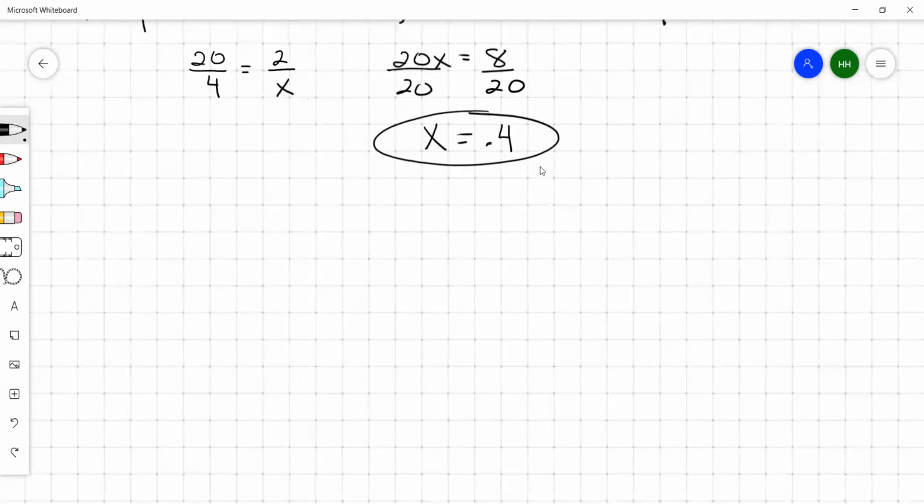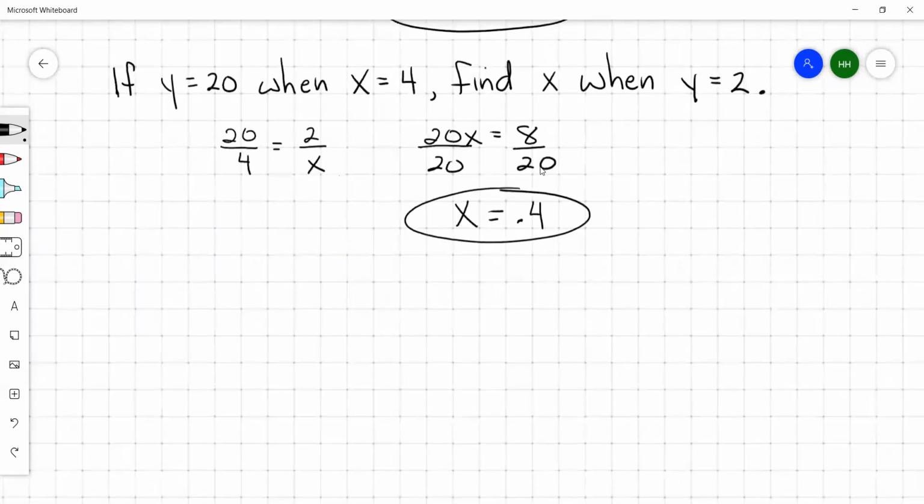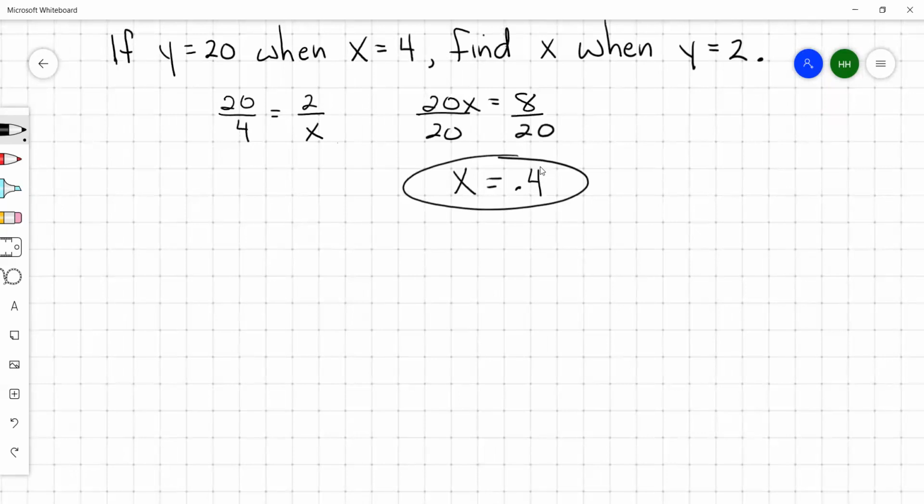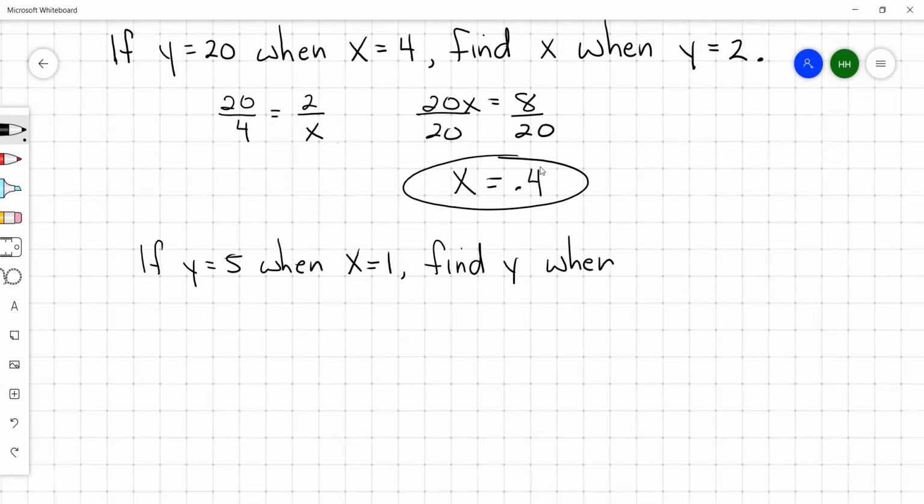If y equals 5 when x equals 1, find y when x equals 3.